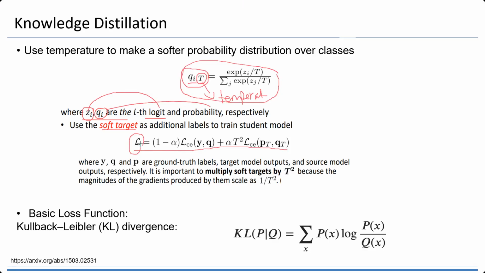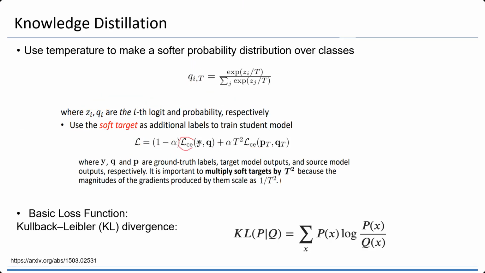Then we can check the loss function. The loss function will be 1 minus alpha, where alpha is a kind of weight, multiplied by the loss CE. The loss CE is the cross entropy. For the cross entropy loss, we can use minus sigma yi multiplied by log of yi predicted, like what we learned from the previous example.